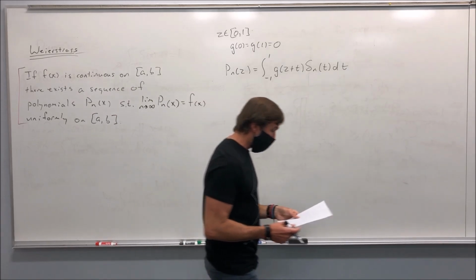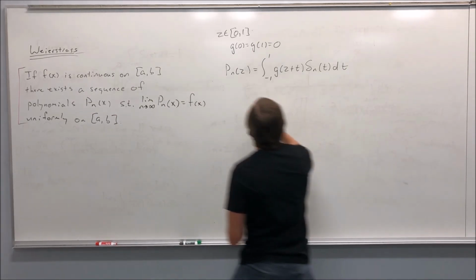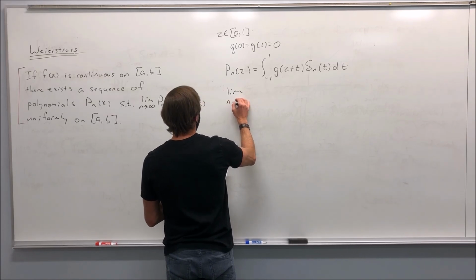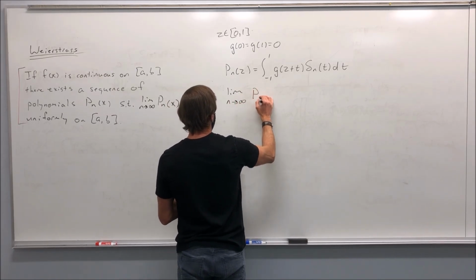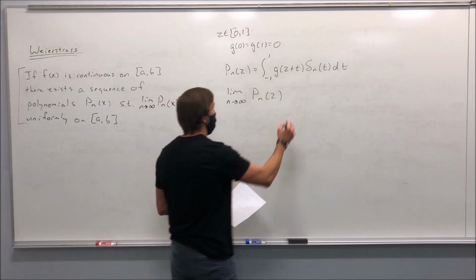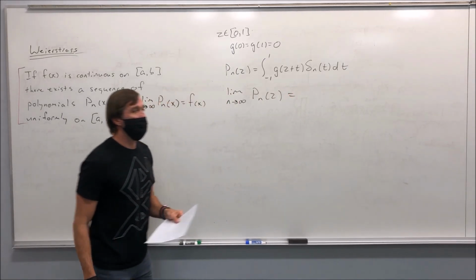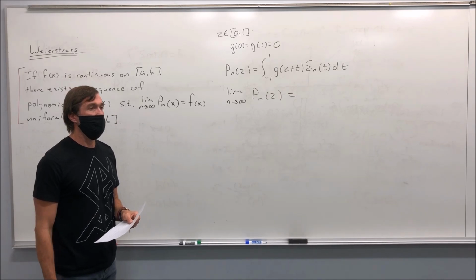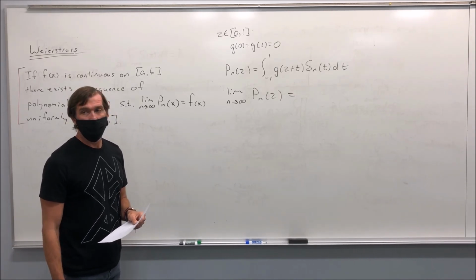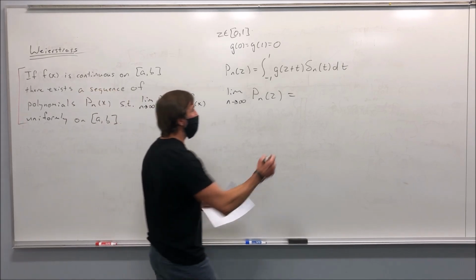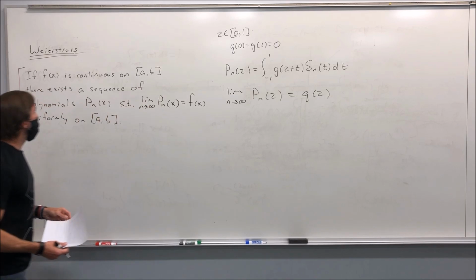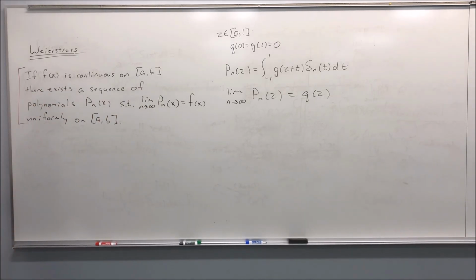Now, what is the limit as n goes to infinity of P_n of z? It's g of z, which is exactly what Weierstrass said.